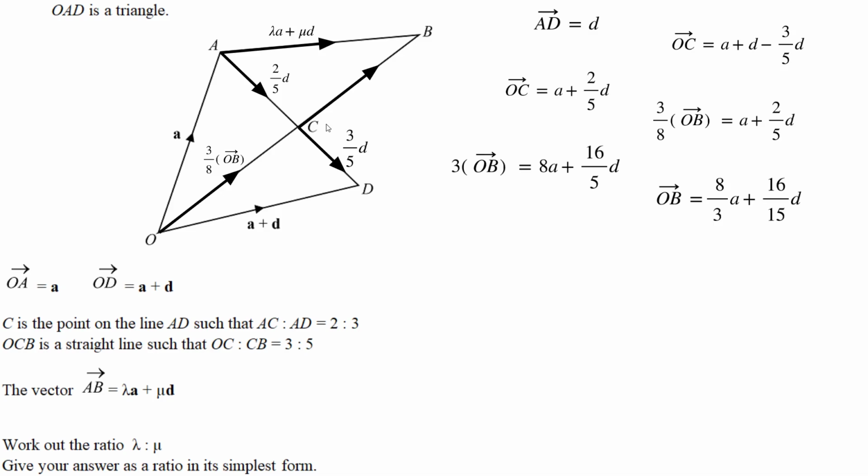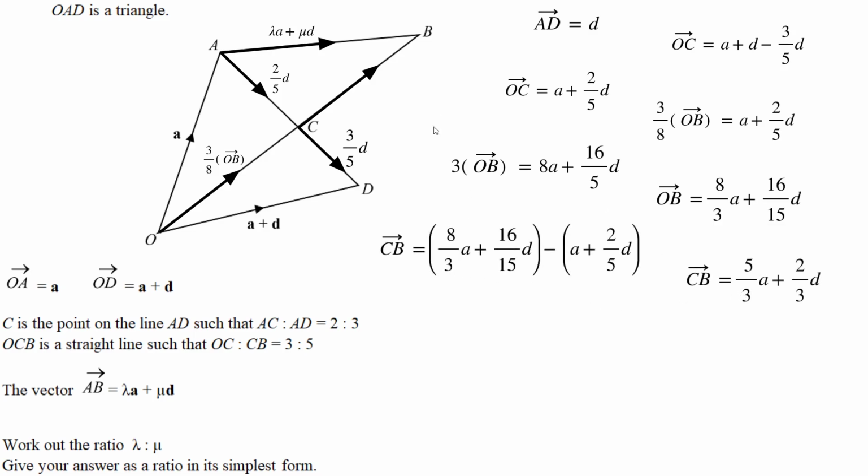And then we can work out what CB is. What I'm going to do is take this full line, take away OC, which is here, to get CB. Simplify that. So CB is this. Now we can get from A to B, because we can go this way, then this way, because we know what CB is now.